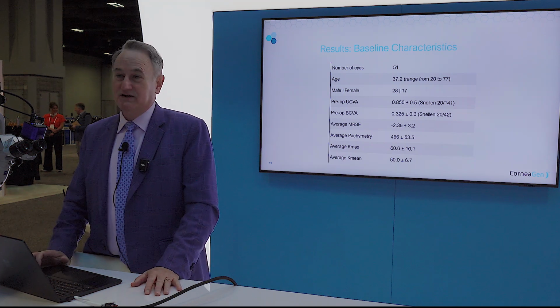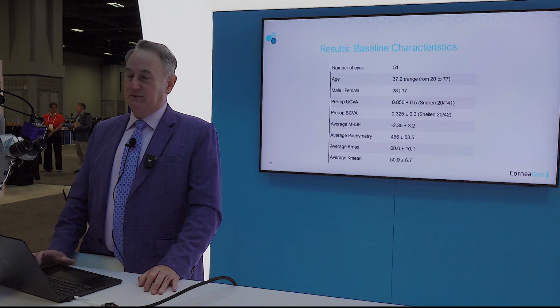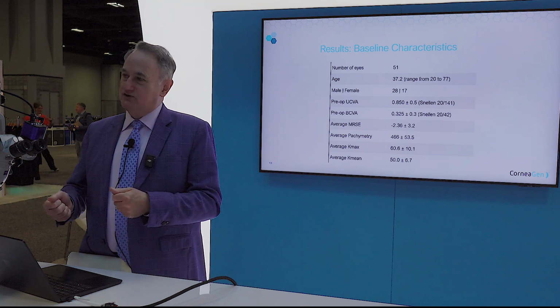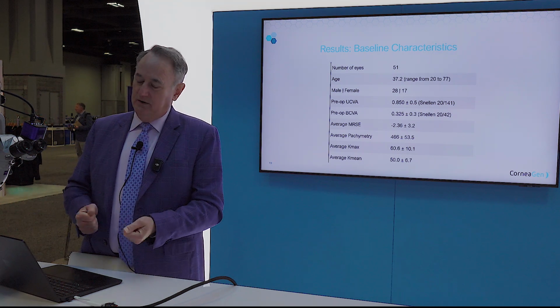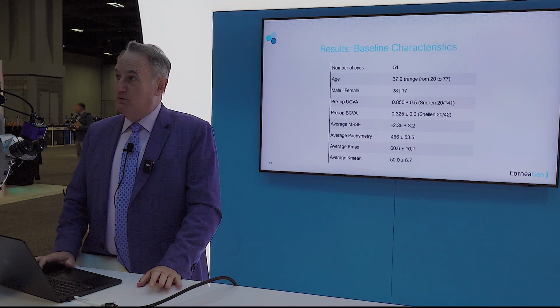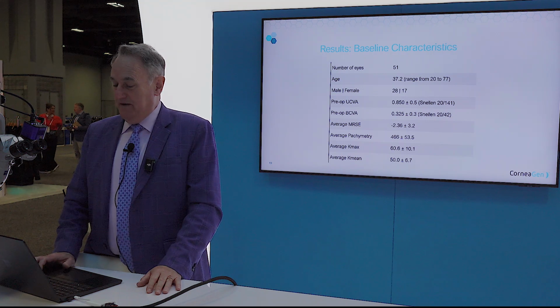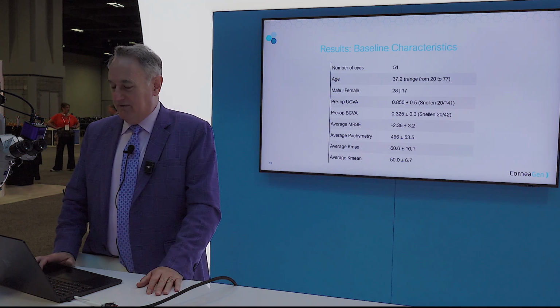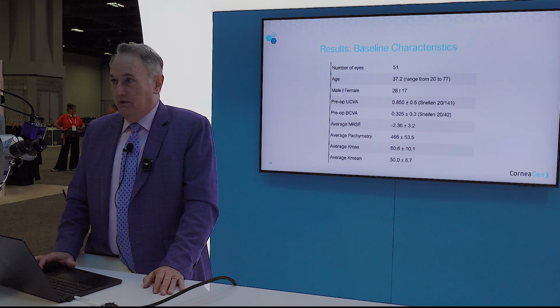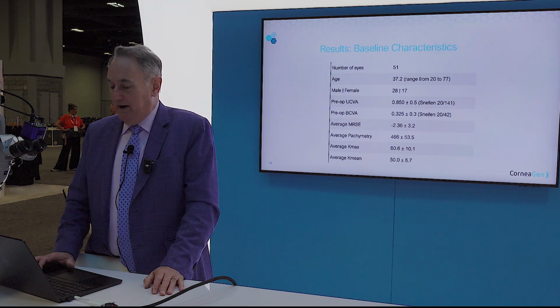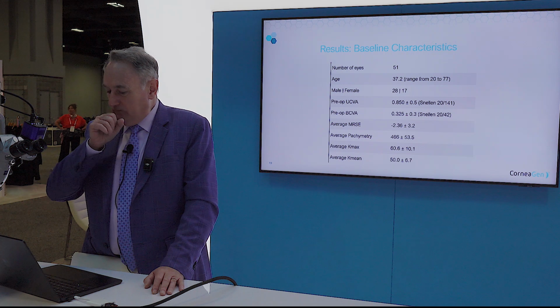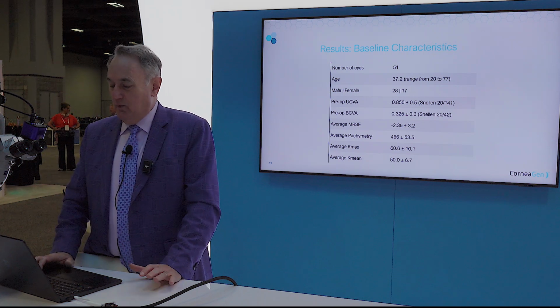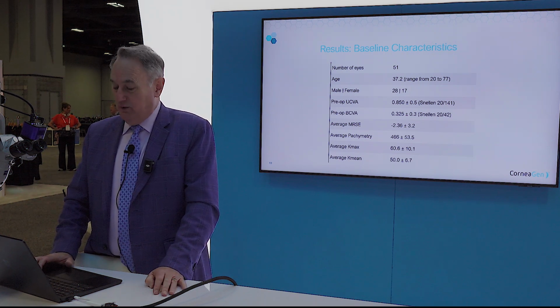You can see that one of them was 77. And so again, this is a patient that is really struggling with their contact lenses, and can gain some improvement in spectacle correction. And so it's not likely to progress. But the average age was about 37. Kind of like is typical in keratoconus, probably a little bit more male to female. Uncorrected vision about 20/140, best corrected vision 20/40.